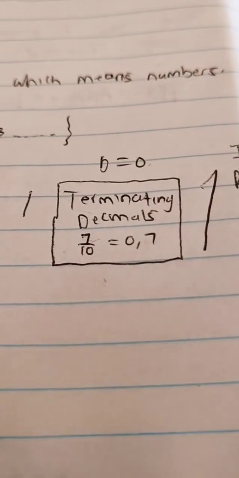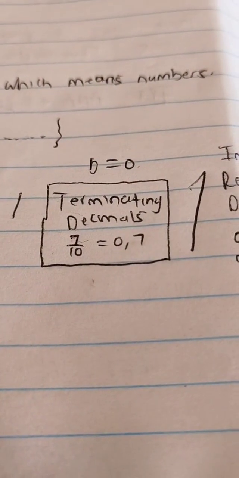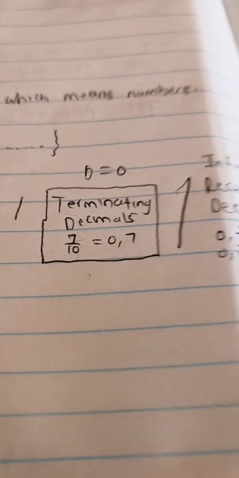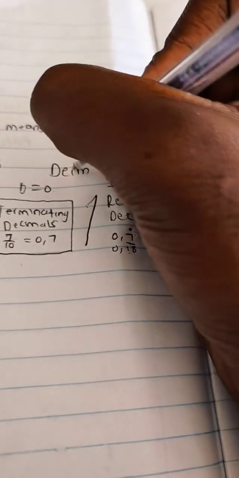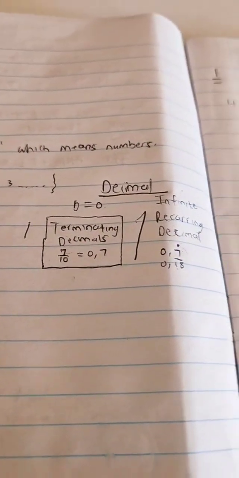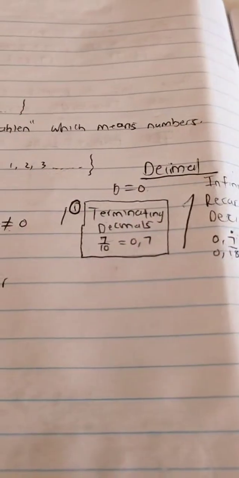Okay, Shai is asking, sir, can I ask, so are we terminating which number? Like I was saying to you, when it comes to decimals, your rational number can be expressed in one of two ways. The first way is a terminating decimal.